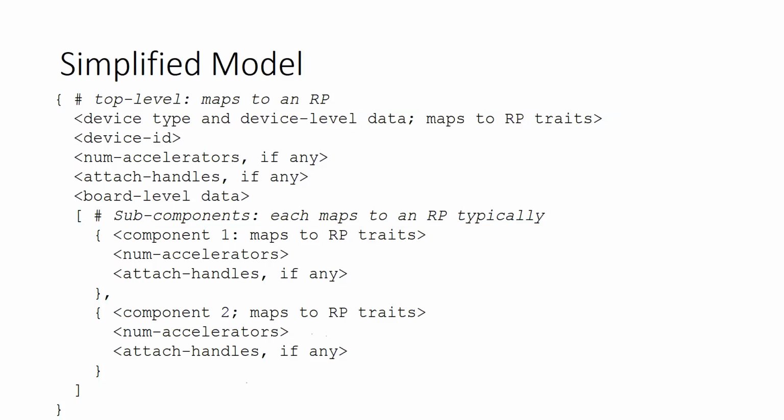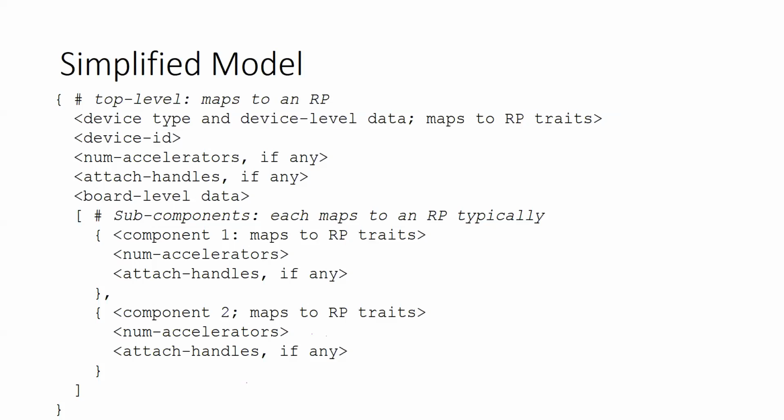There's one board and one device. So at the top level, we identify the device type, whether it's a GPU or FPGA or whatever, and the device level data, like whatever information you have about the board or the device, etc. The device level data is what Cyborg will use to create the traits for that resource provider.